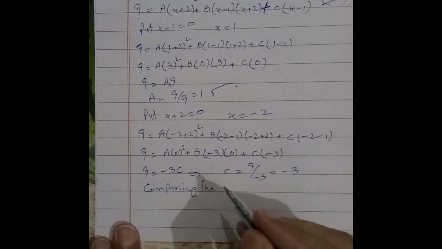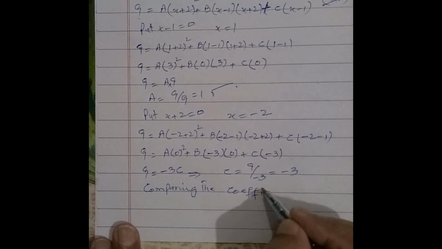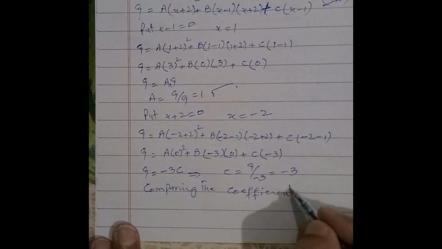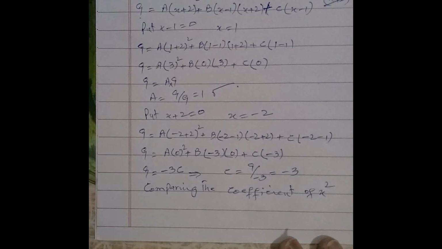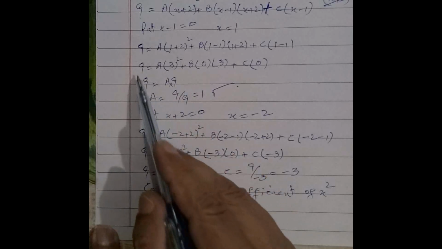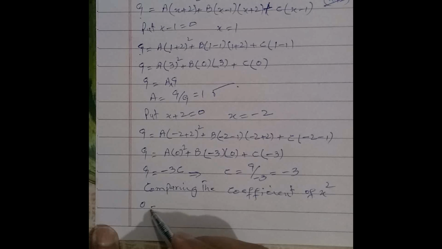Comparing the coefficient of x square, here there is no x square, only none, meaning 0.